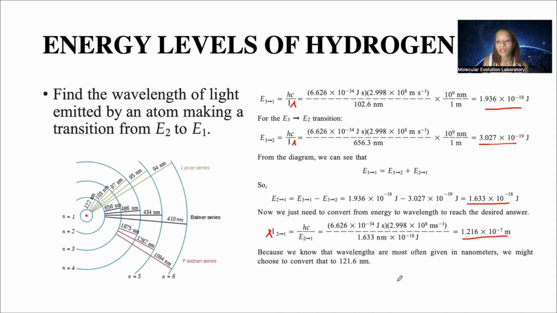Because wavelengths are most often given in nanometers, we convert to nanometers, which is 121.6 nanometers. So to move between energy level 1 and 2, it's around 122 nanometers, as you can see here. To move between energy level 1 and 3, it's about 103, as we can see here.